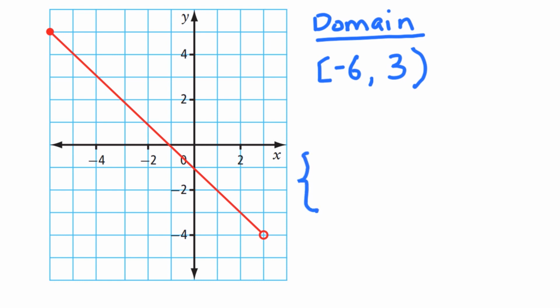so you start with curly brackets. Since I'm dealing with domain and that deals with the x-axis, I have to write the letter x, and I'm just going to put a vertical line, almost like a border. Now I'm going to say what section do those values make up on the graph, and I know it's between -6 and +3, but does not include +3. So from -6 to +3.